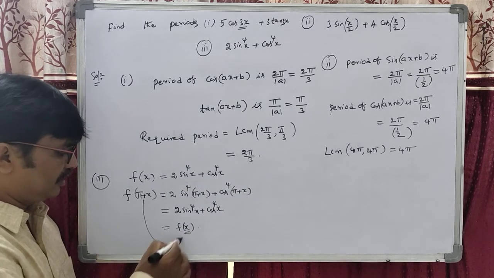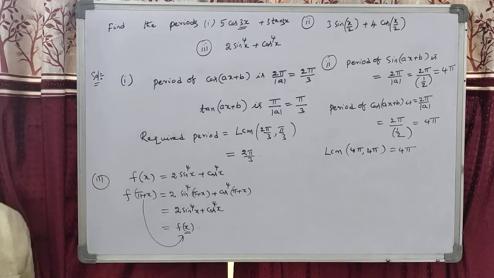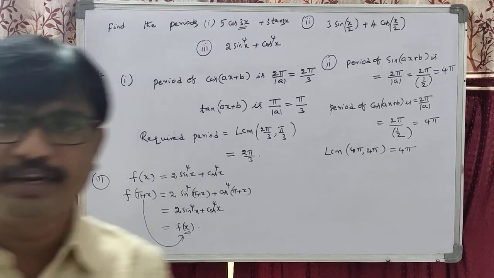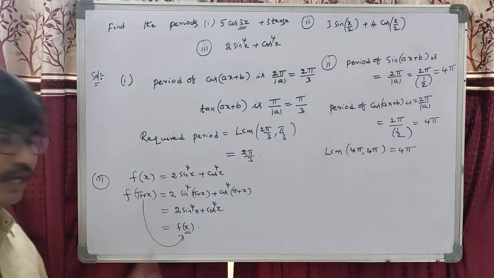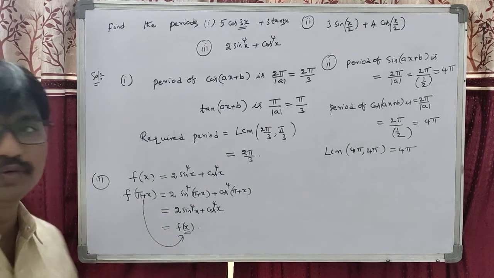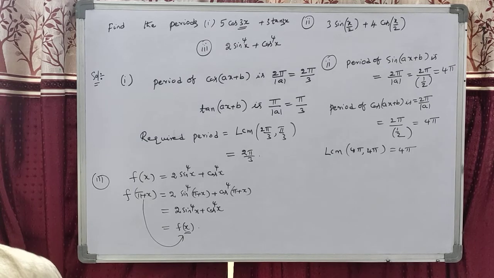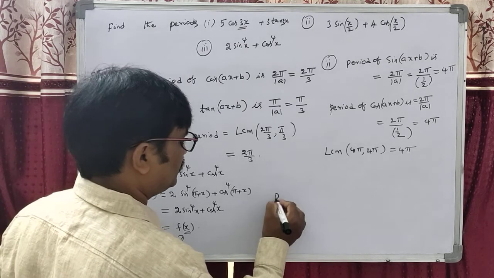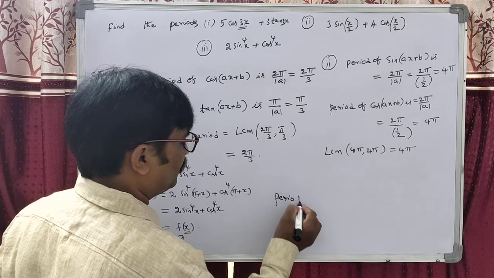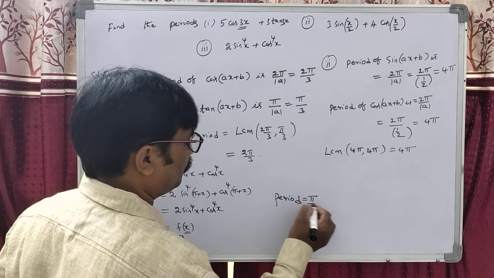Already I explained the definition of periodicity, periodic function and period. That means, students, f of p plus x equals f of x, and the least positive real number p is called the period. So here the period is pi. This is by definition. Therefore, students, period equals pi.